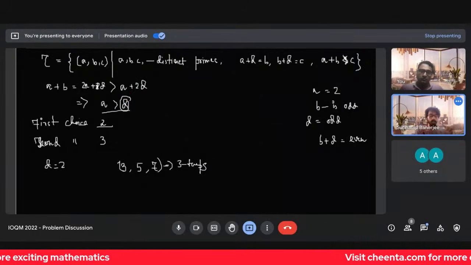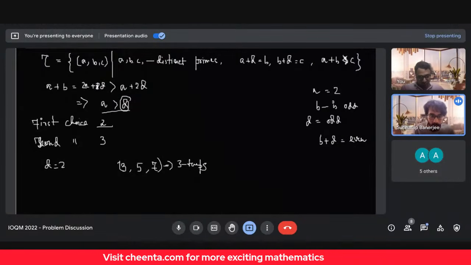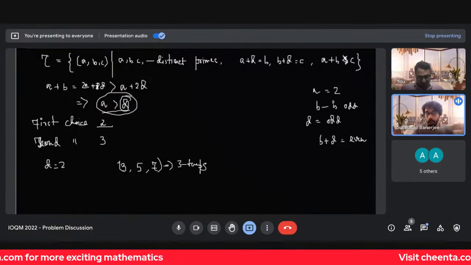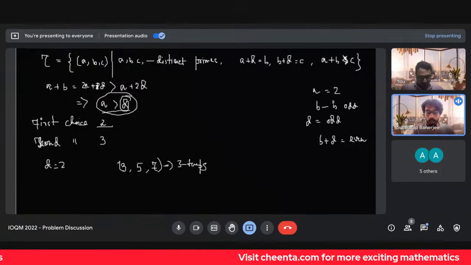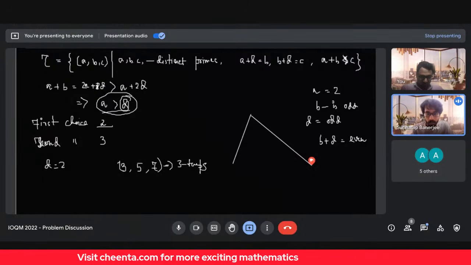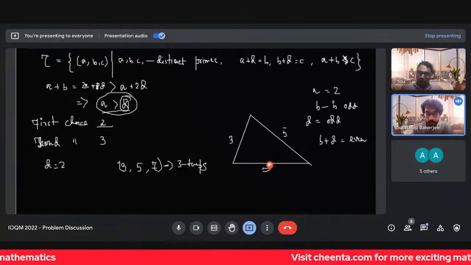So it tells us that the triangle inequality must hold, because we arrived at this conclusion using the triangle inequality fact. So the triangle inequality will hold. So we get the triangle. Our desired triangle is at least this 3, 5, and 7. So this is my 3, 5, and 7.